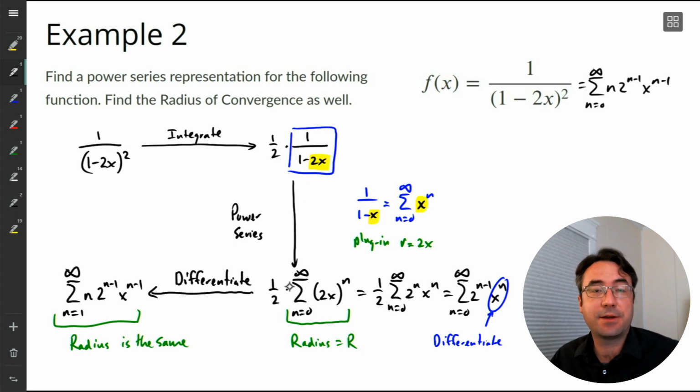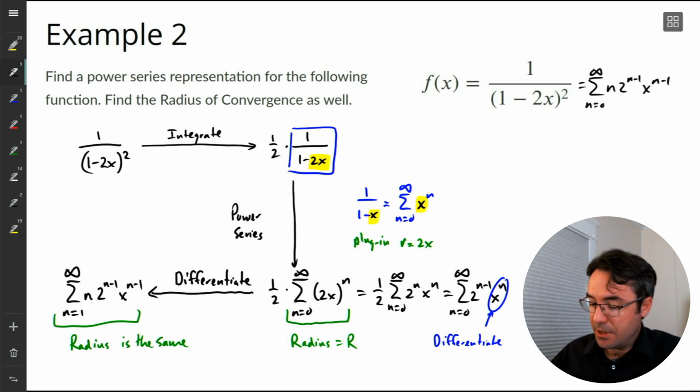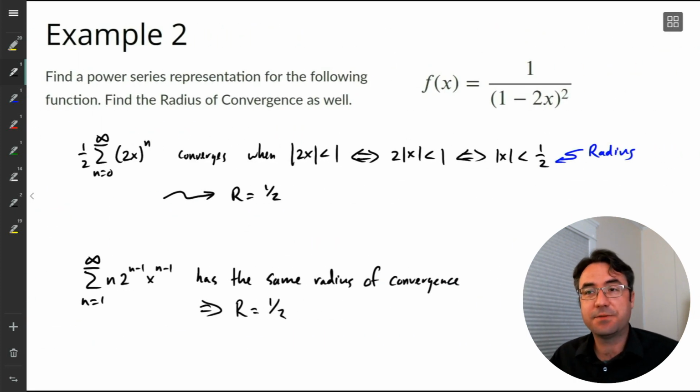And then to go back, we have to undo the integration, so we differentiate. And now we have a nice power series representation for this form that we necessarily wouldn't be able to do otherwise. And then knowing what the radius of convergence is for this easier power series allows us to quickly say what the radius of convergence is for its derivative.